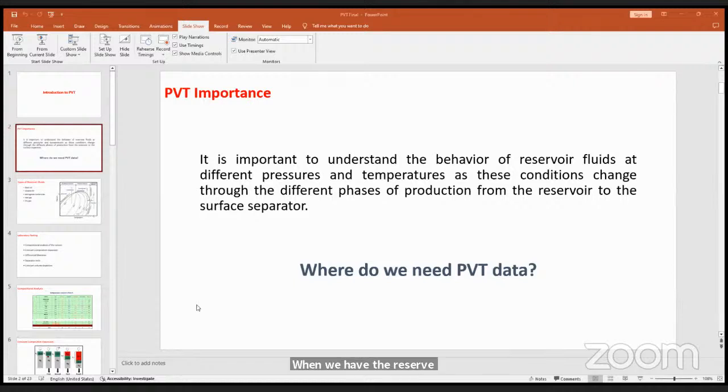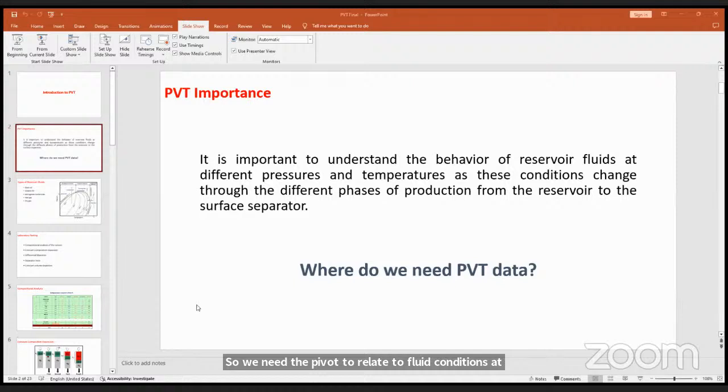Then you go through the tubing, the production conditions change, so the properties of the fluid change. Then you go to the surface, so your properties change again. So you want to track the different properties of the fluids at different conditions. So we need the PVT to relate fluid conditions at different instances.